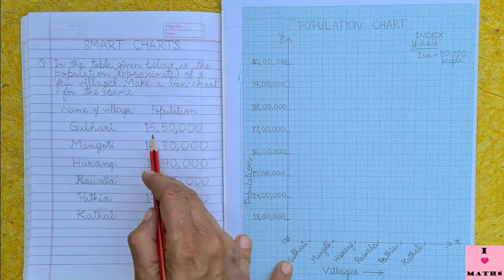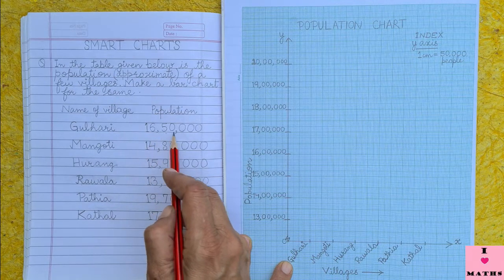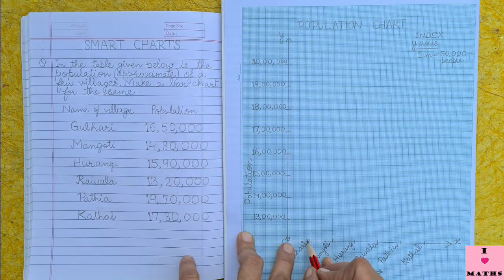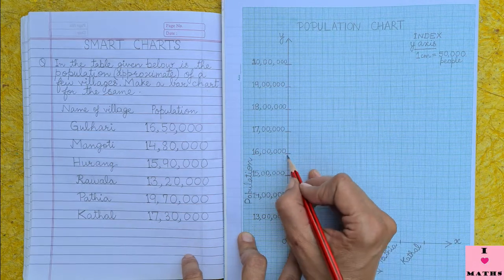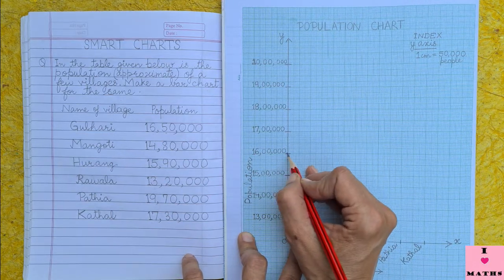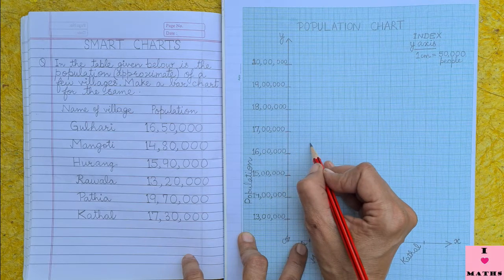Gulhari has 16 lakh 50,000 of population. So I will go to 16. This is 16 lakh and this is 16 lakh 50,000.